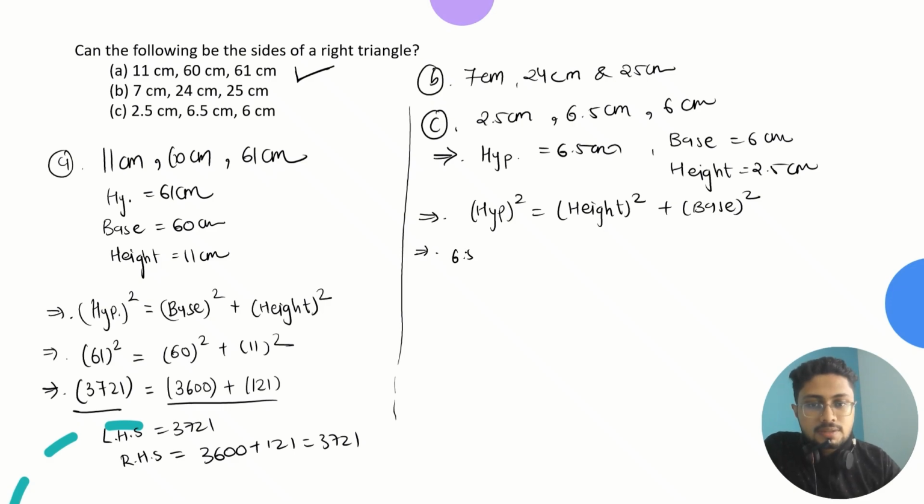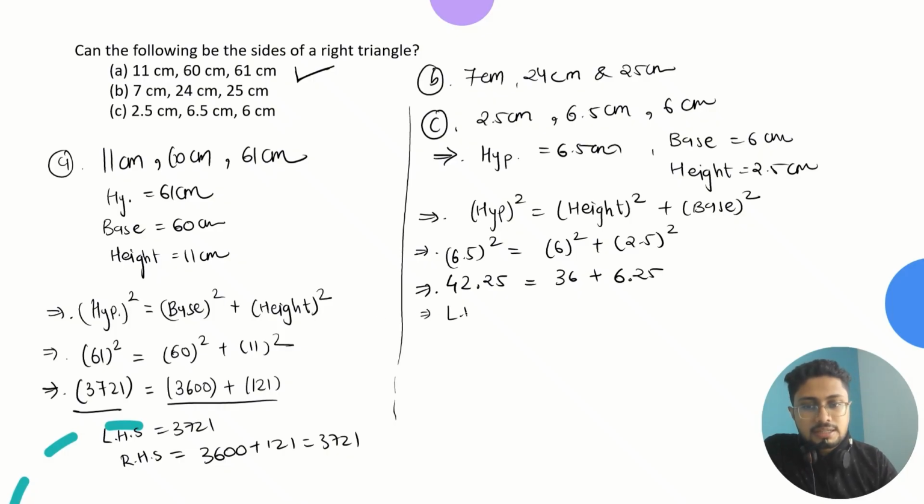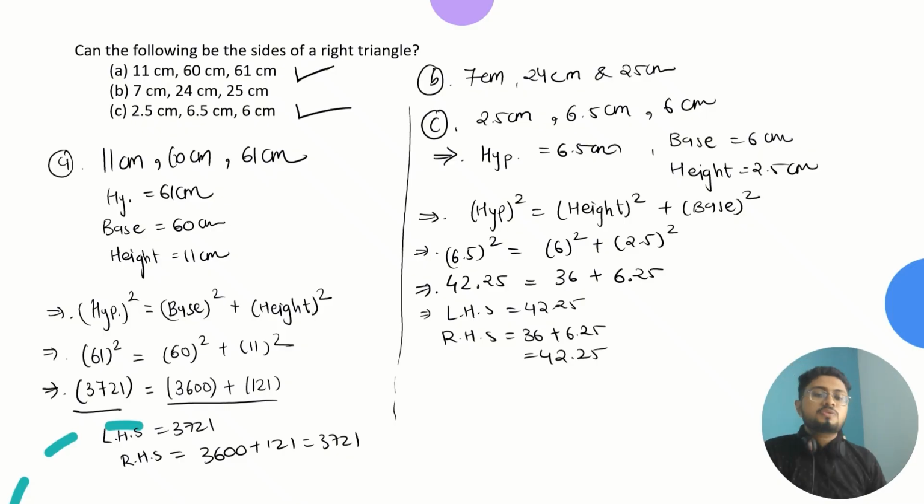Hypotenuse square, 6.5 square, is equal to 6 square plus 2.5 square. 6.5 into 6.5 is 42.25. 6 square is 36 plus 2.5 square is 6.25. So again in LHS you have 42.25, and in RHS you have 36 plus 6.25, which is also equal to 42.25. So again yes, option C is also the sides of a right angle triangle.